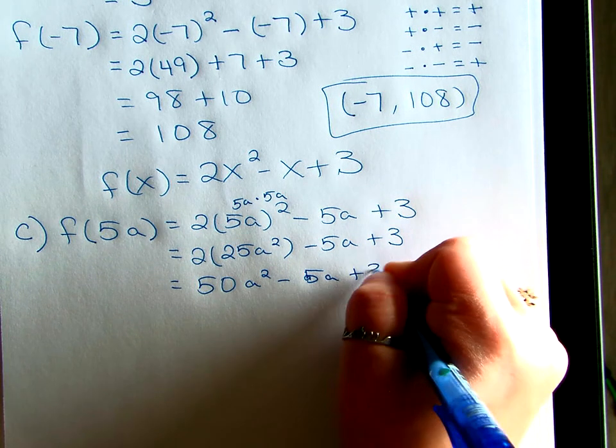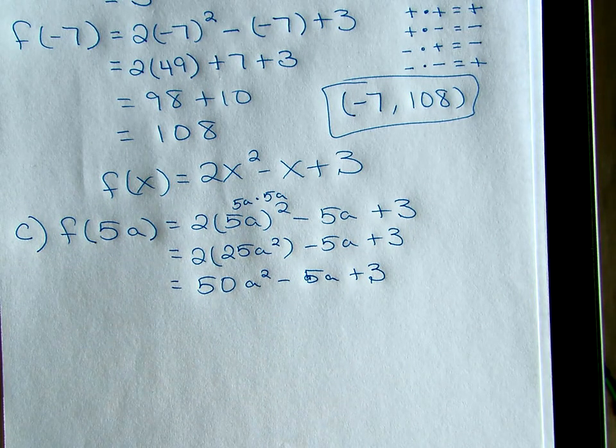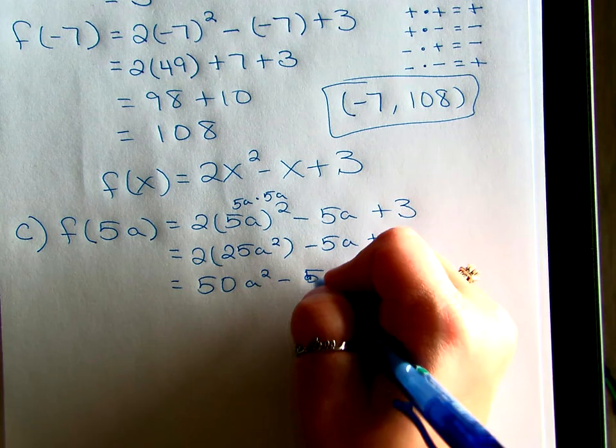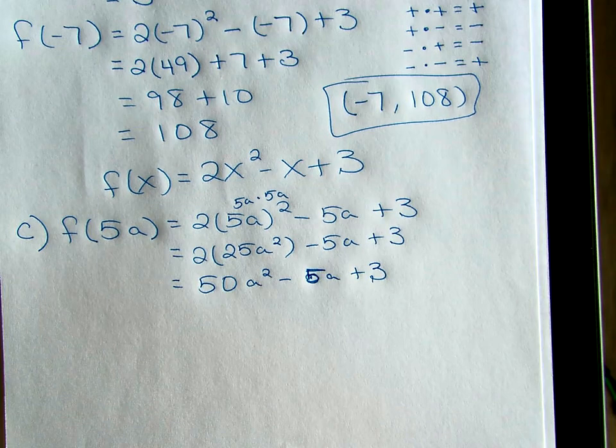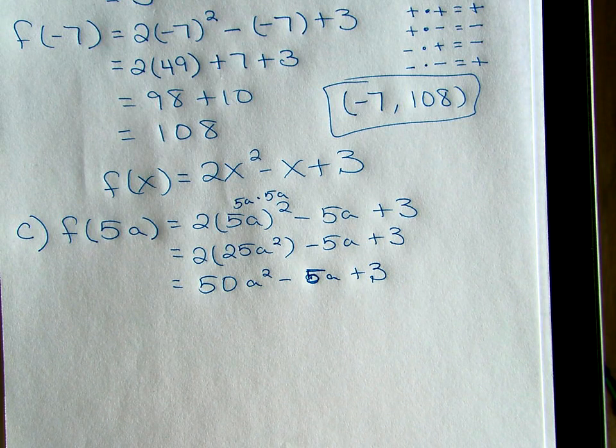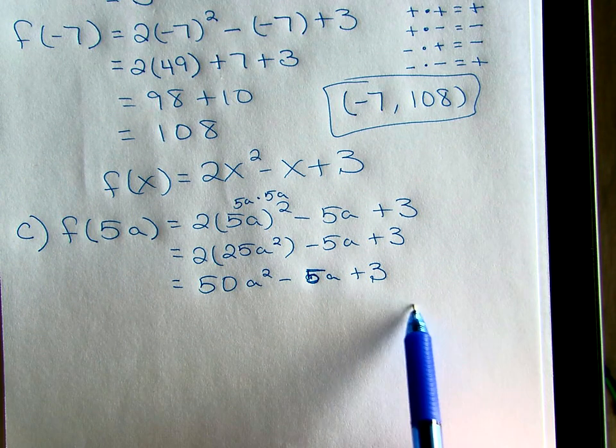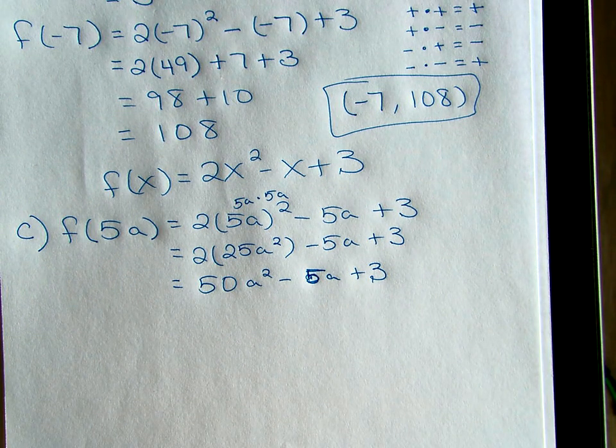You simplify it, sorry, that's a really wonky 5, until you can't combine it any further. There are no more like terms. I can't combine an a squared with an a with a whole number, so this would be the final expression that we get. When you get an expression like that, they will never ask you for an ordered pair because it's not really an ordered pair in the general terms that we think about it.